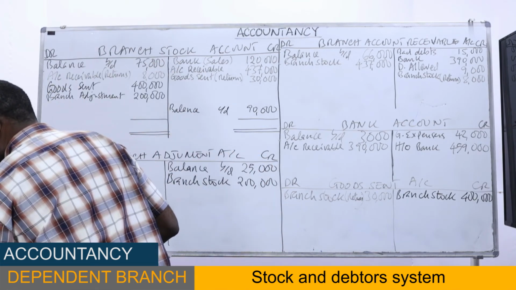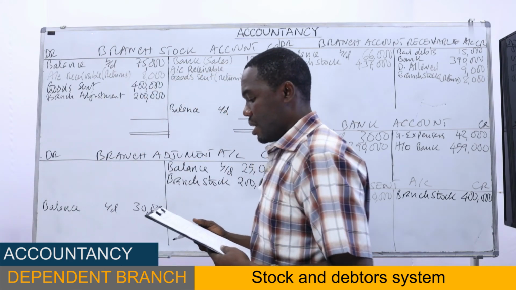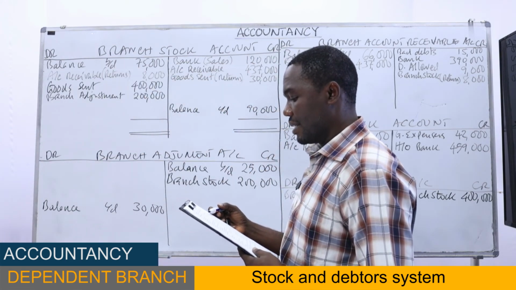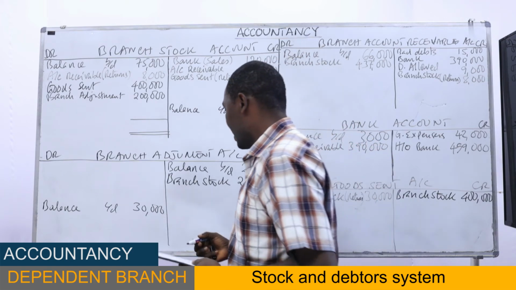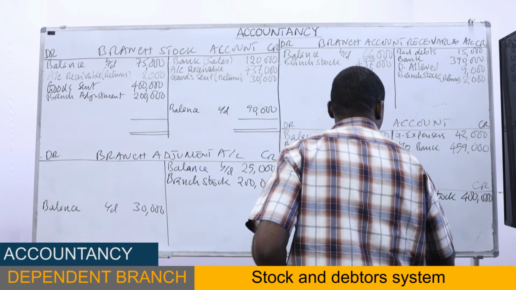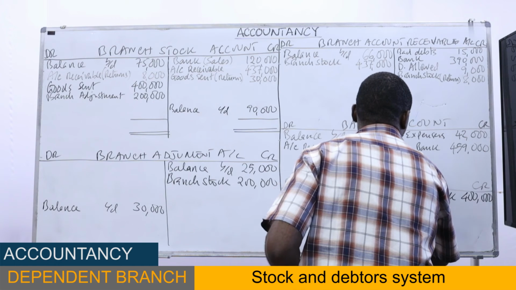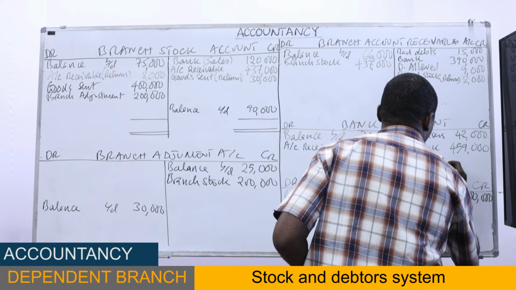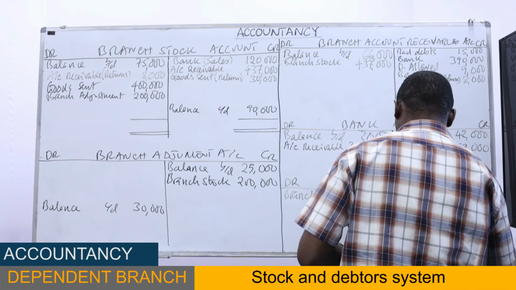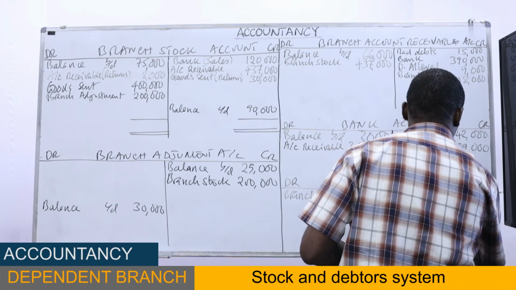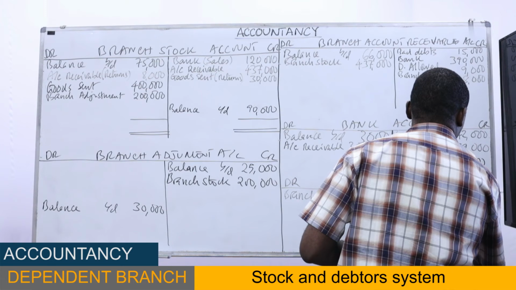What next? We have the ending balance for bank, 12,000, that is balance c/d, positive, yes, 12,000.